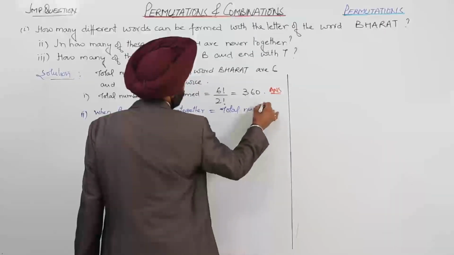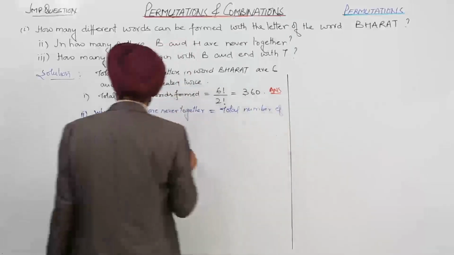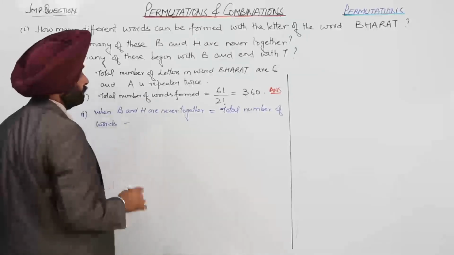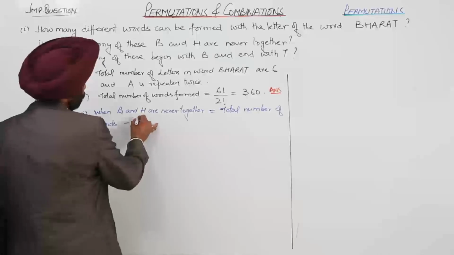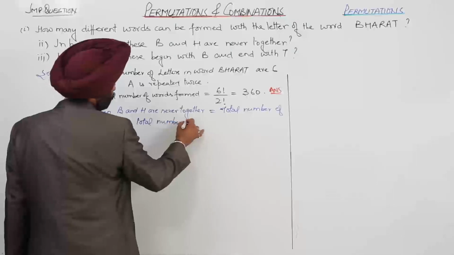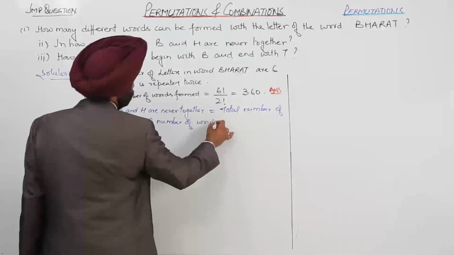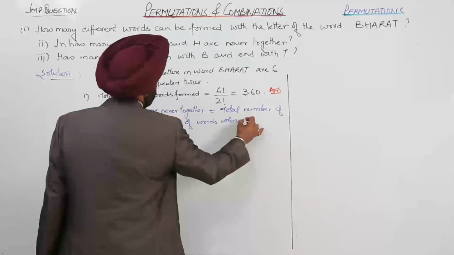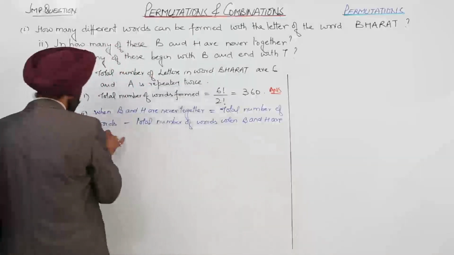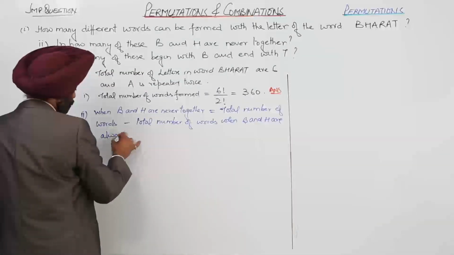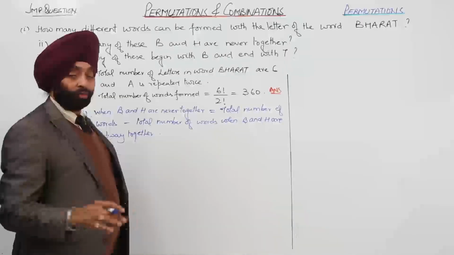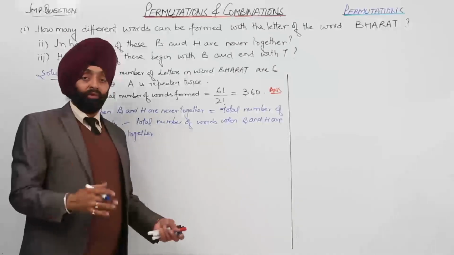Total number of words, subtracting the total number of words when B and H are always together. Okay. So when B and H are always together, it means the remaining words are when they are never together.